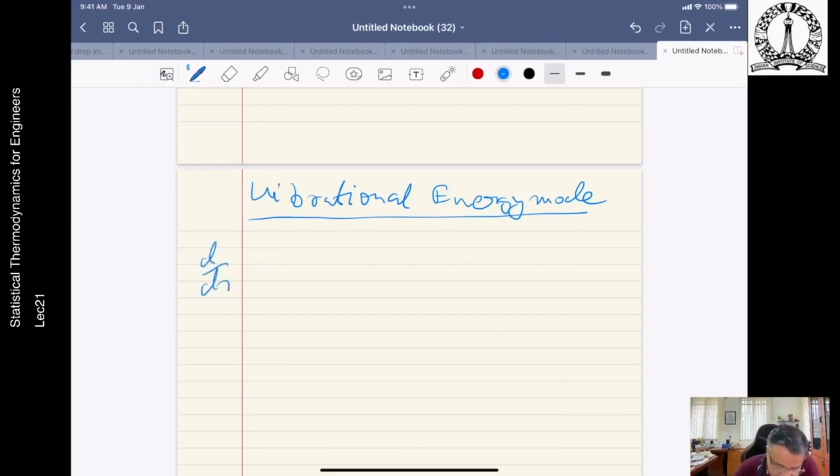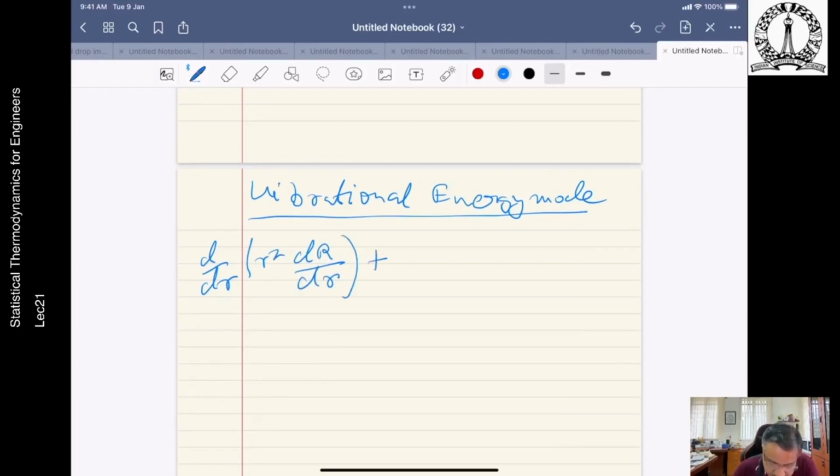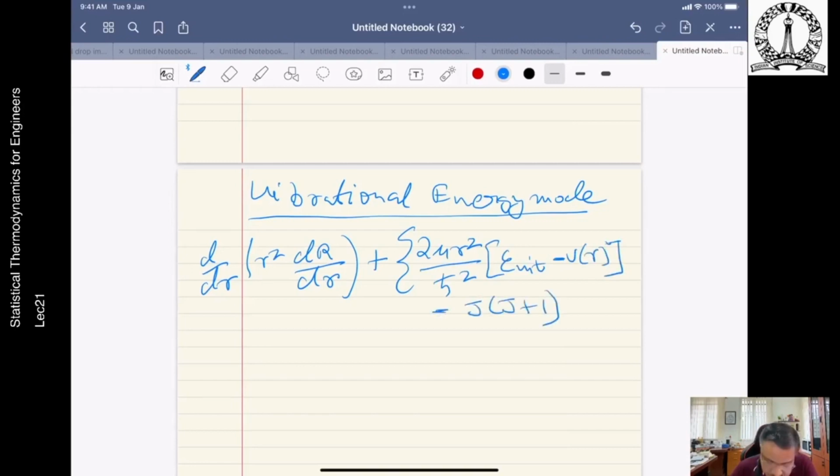So this is d by dr of r squared dR by dr, plus 2 mu r squared by h bar squared times the internal energy minus V(r), minus j into j plus 1, into R equal to 0. So this is the internal energy.